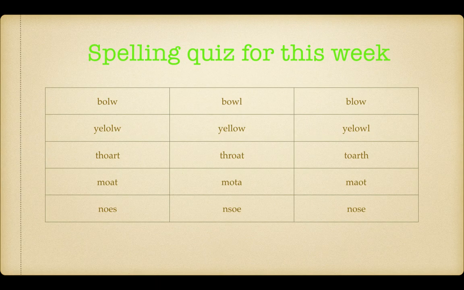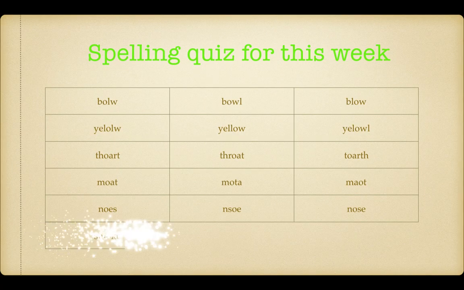So number 5, which word has the correct spelling for the word nose? Is it the first rectangle, the middle rectangle, or the last rectangle? So find the word in the rectangle that has the correct spelling for nose.